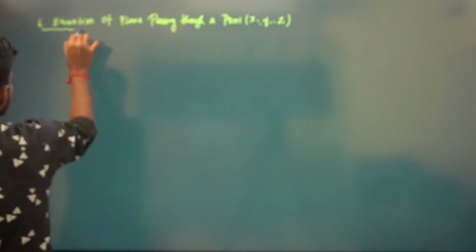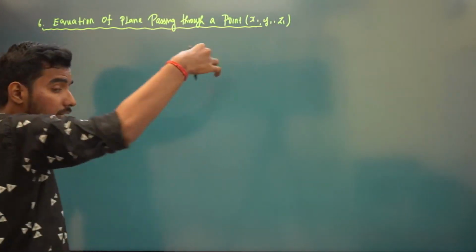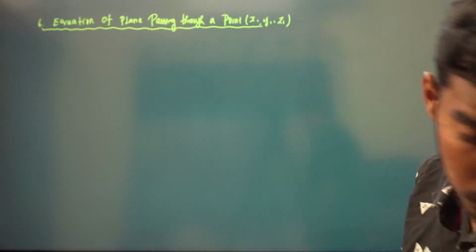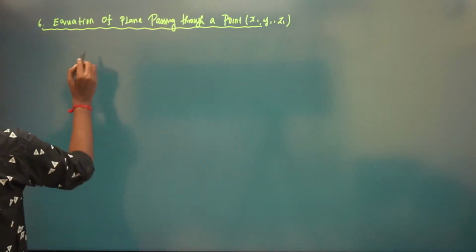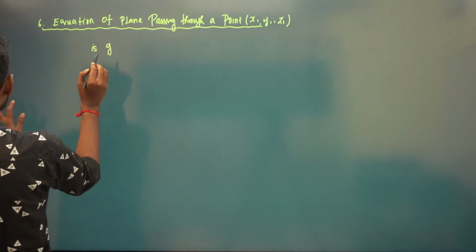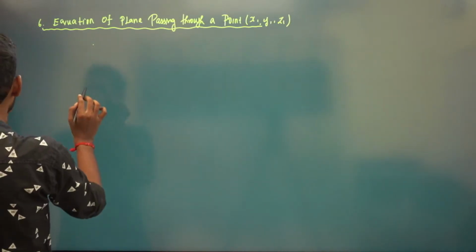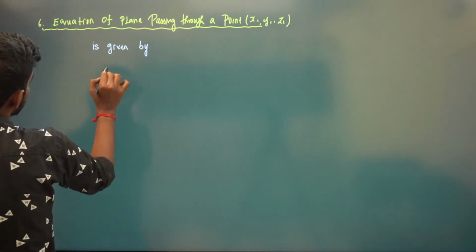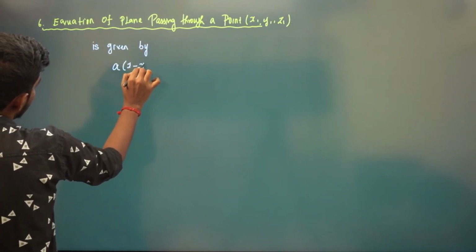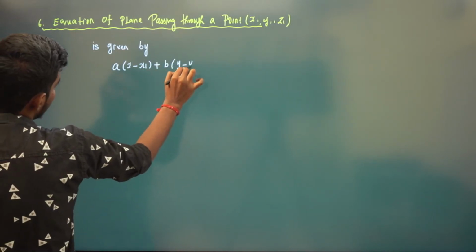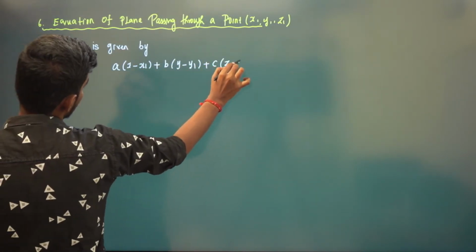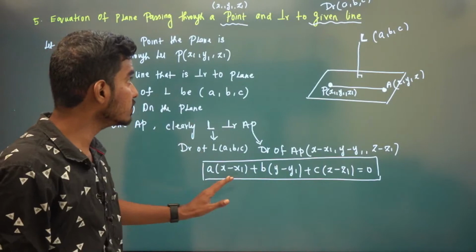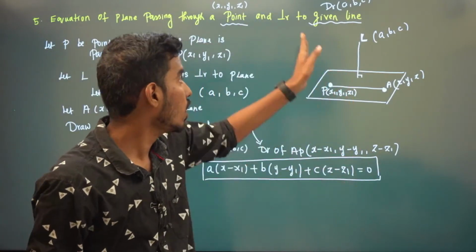In the previous case we had the equation of a plane passing through a point as well as perpendicular to some line, but here the plane is passing through a point only. The same is given by the same equation: a into x minus x1 plus b into y minus y1 plus c into z minus z1 is equal to 0. The same equation only, but in the earlier case a, b, c is the direction ratio of a line that is given.